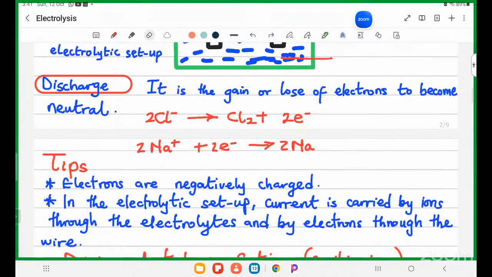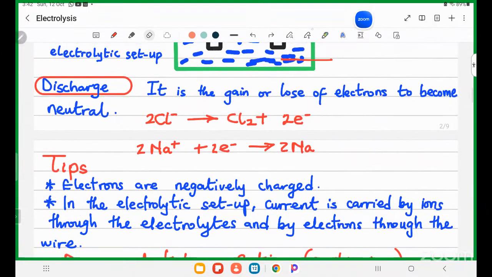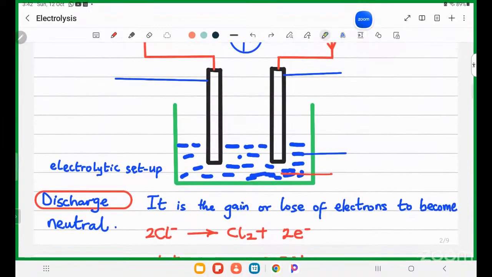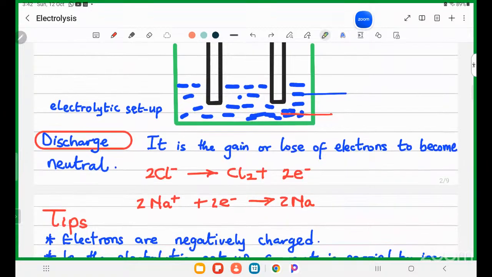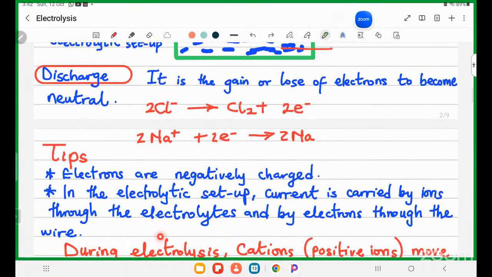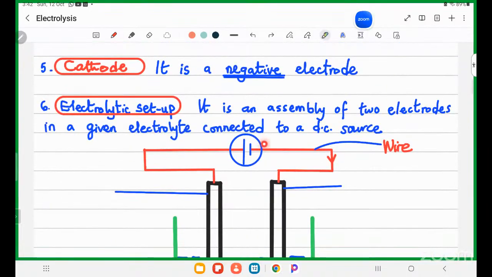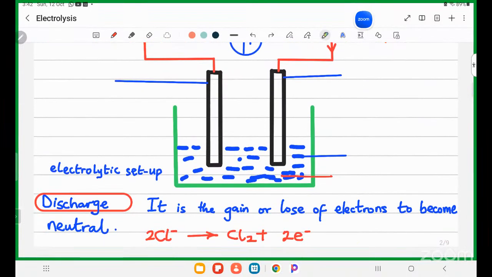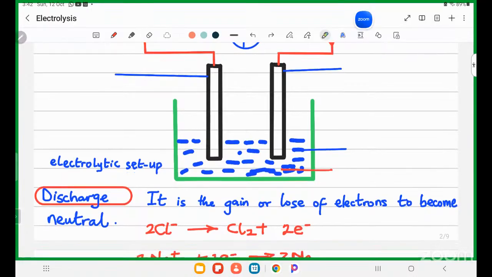Something you need to know is that electrons are negatively charged. In the electrolytic setup, current is carried by ions through the electrolyte. The sodium ion and the chloride ion we have been producing are being carried by current, but electrons flow through the wire, while the ions flow through the electrolyte.